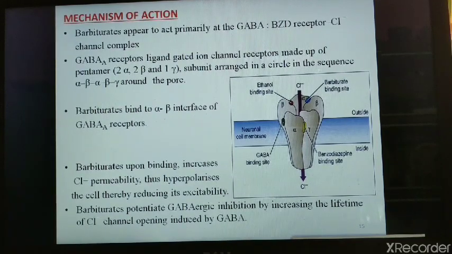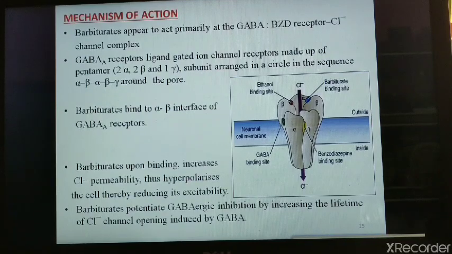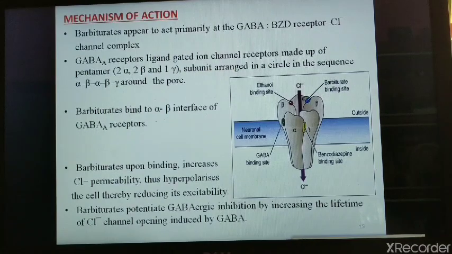That is, benzodiazepines increase the number of times the channel opens and barbiturates increase the time of the chloride channel opening, thus causing chloride influx into the cells and hyperpolarizing them.